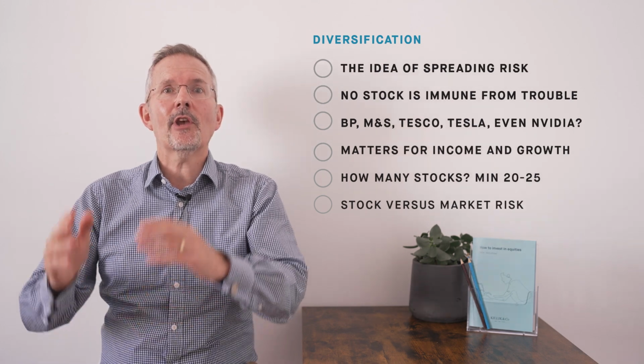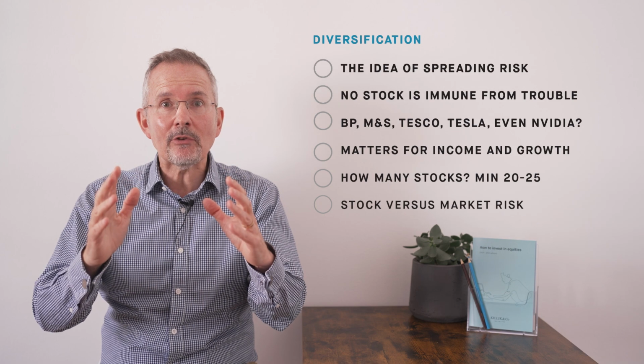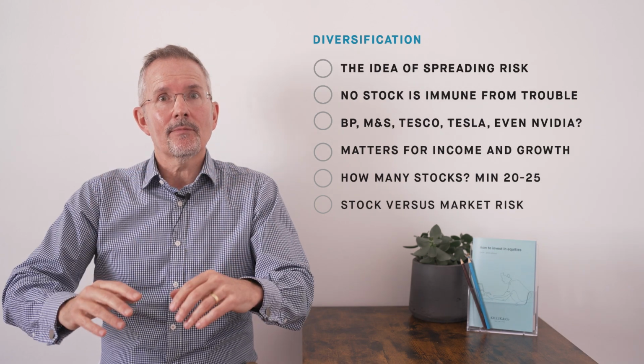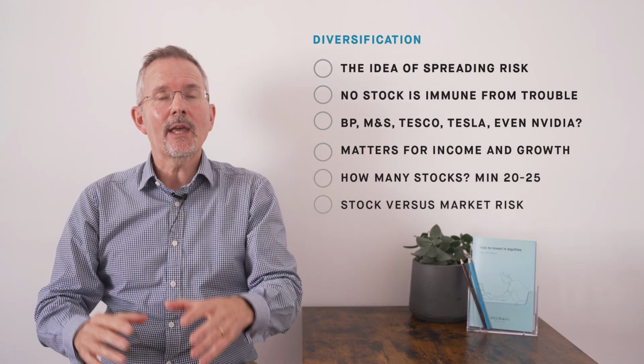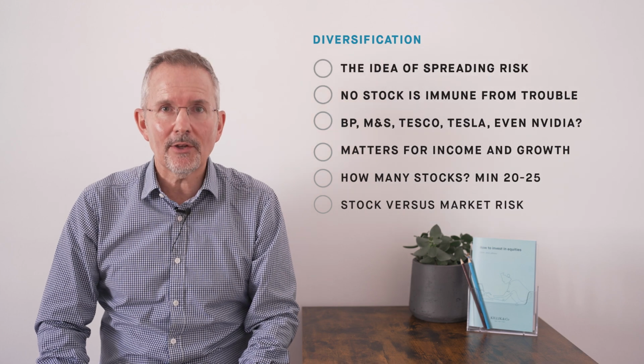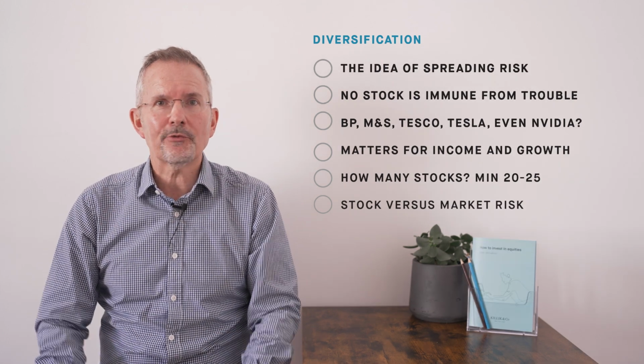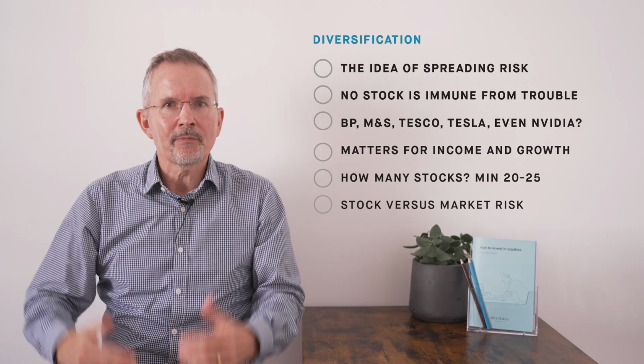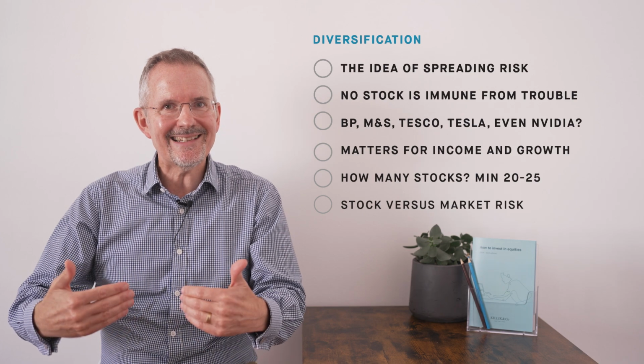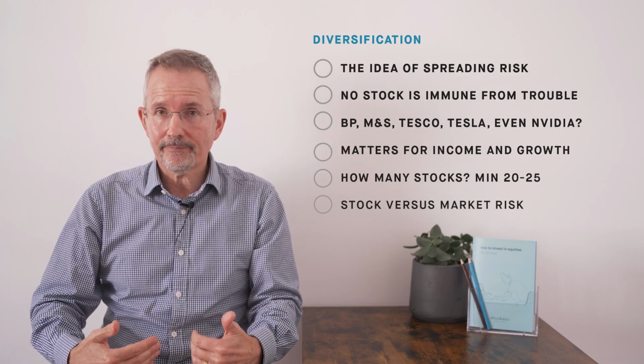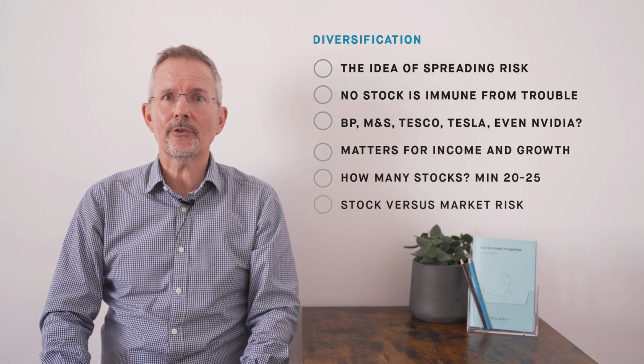BP, a few years ago now, M&S, Tesla, even Nvidia, the giant in the tech space, is not immune from volatility, from hitting problems, from changes in the backdrop. And therefore, diversification as a concept matters both for income seekers and for growth investors.